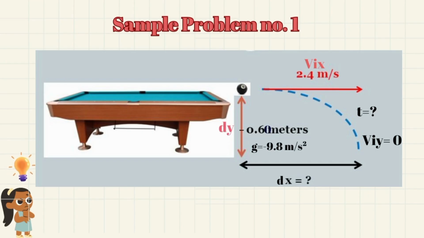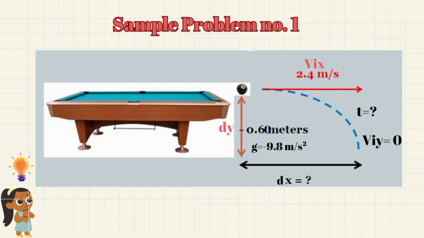Since the motion of the object is downward, our dy is negative, so it becomes negative 0.60 meters. Since the pool ball flew into the air, it has acceleration due to gravity, which is negative 9.8 meters per second squared. So that is already our ay, therefore ay is equal to g.